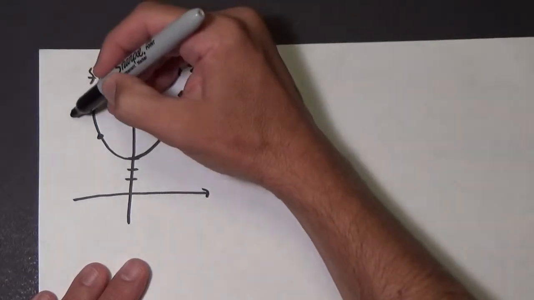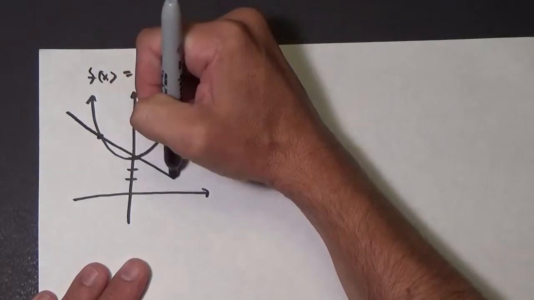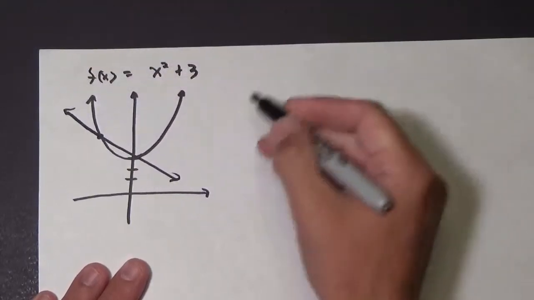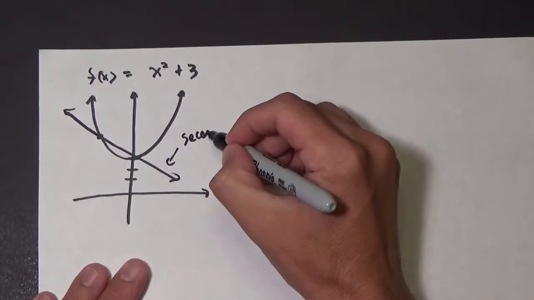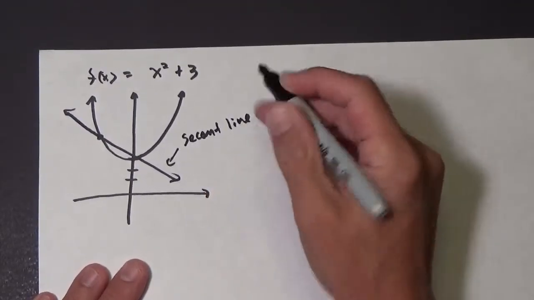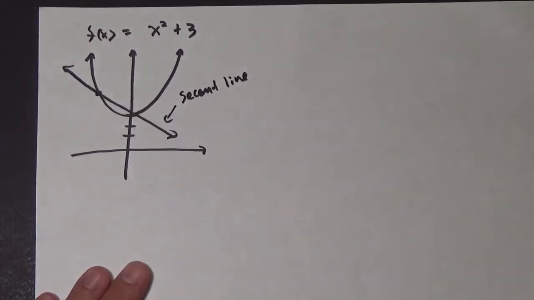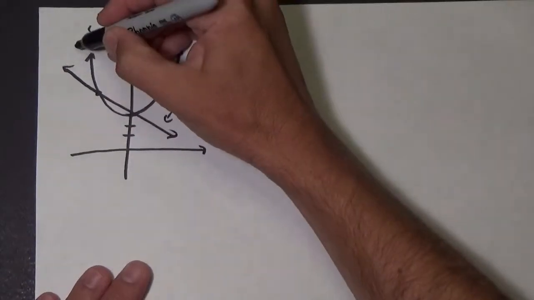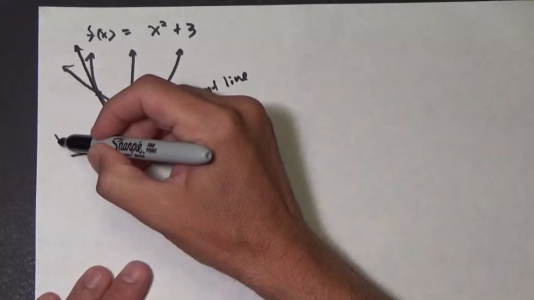Now we could use the average rate of change. So this would be the secant line. Or we can use something called the instantaneous rate of change. And that would be the slope of the tangent line.